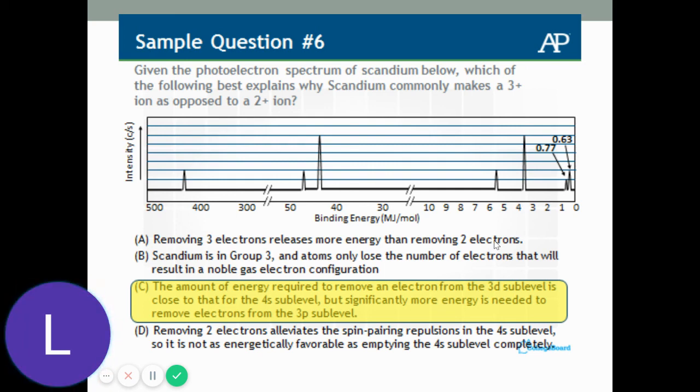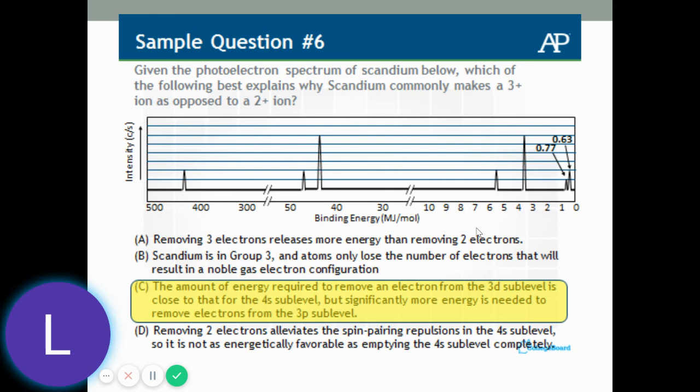So A's out. B is a tempting answer, but you wouldn't need a photoelectron spectroscopy machine to help you with this. This one says scandium is in group 3 and atoms only lose the number of electrons that will result in a noble gas configuration.